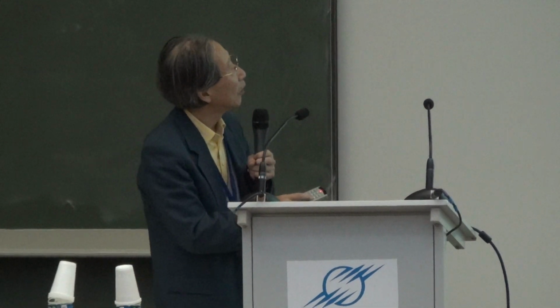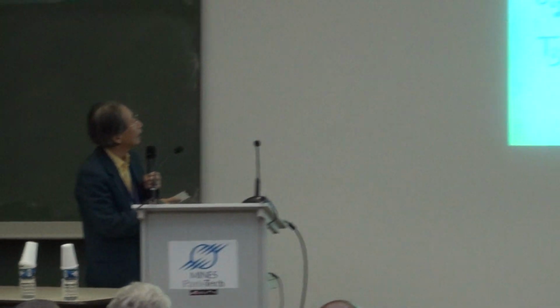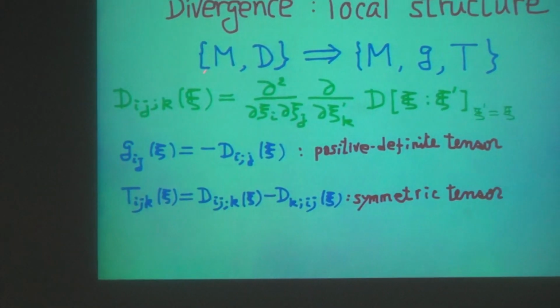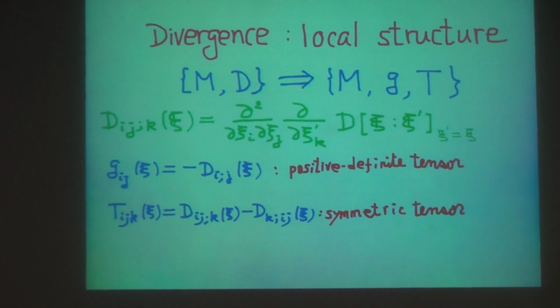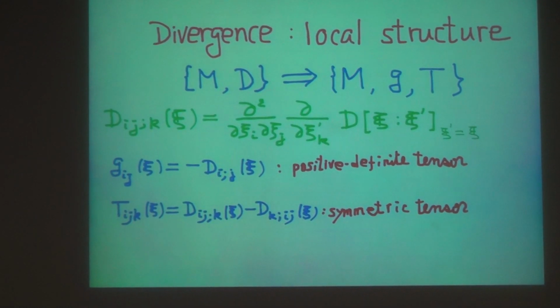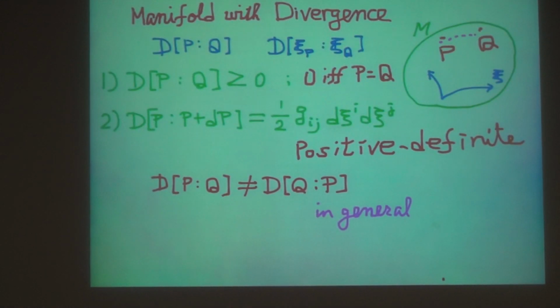So what can one get from the divergence function, some local structure? As I mentioned, okay, if P and Q are very close, we have this Riemannian-like distance.